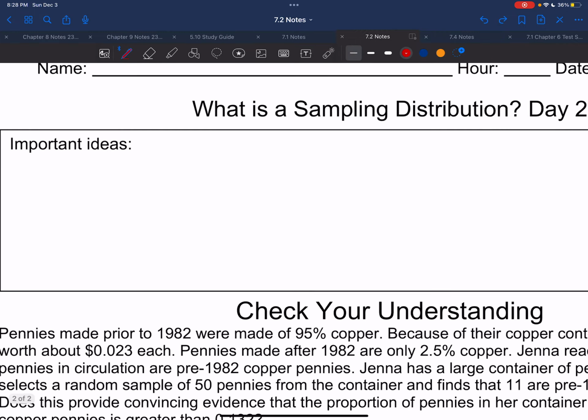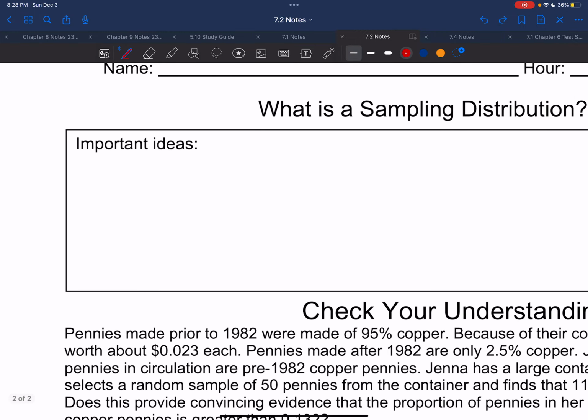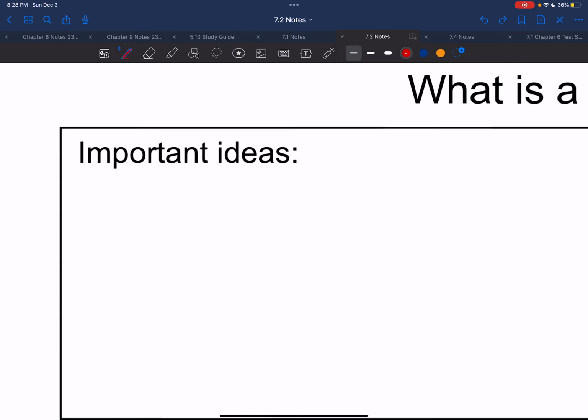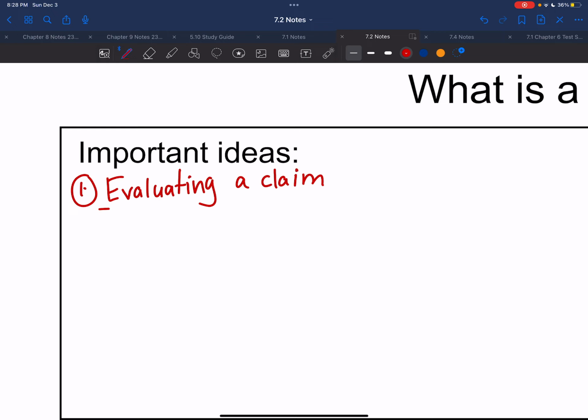Okay, important ideas. Number one is when you're evaluating a claim, kind of like what we did in question 5 there. We were evaluating a claim that Rockford was better than us. So number one, evaluating a claim, first off, you assume that the claim is true.